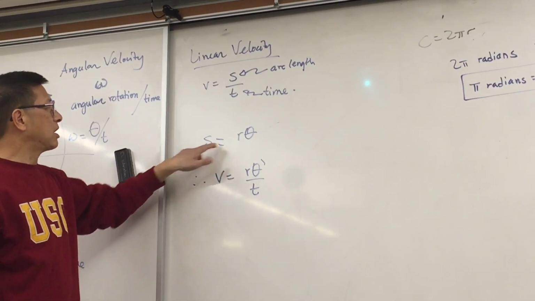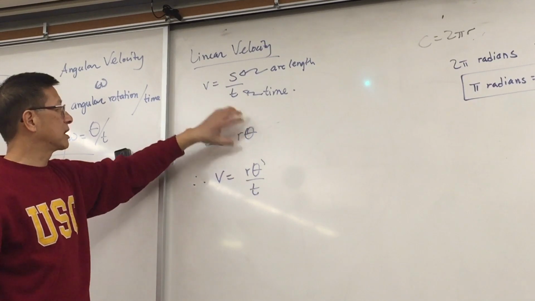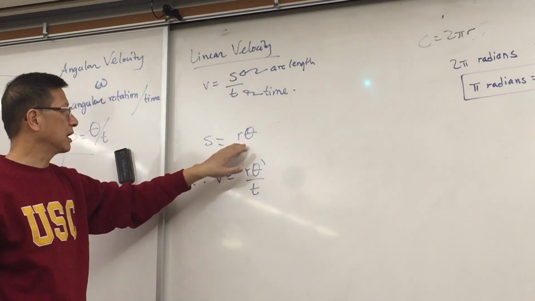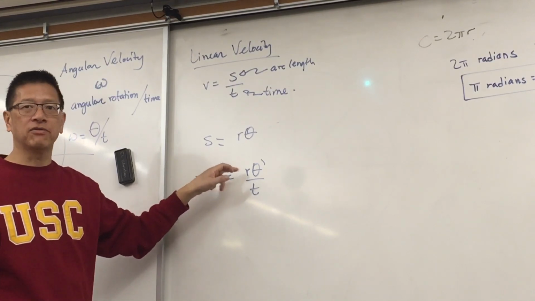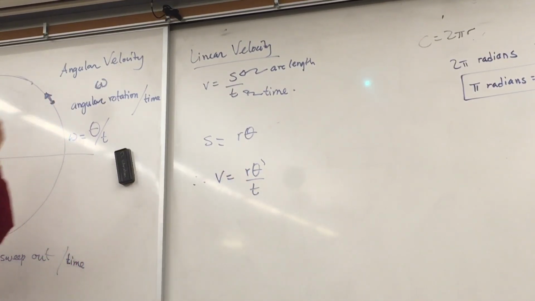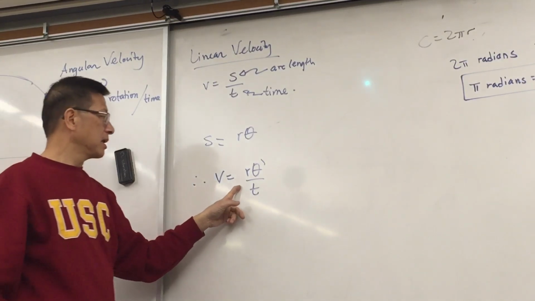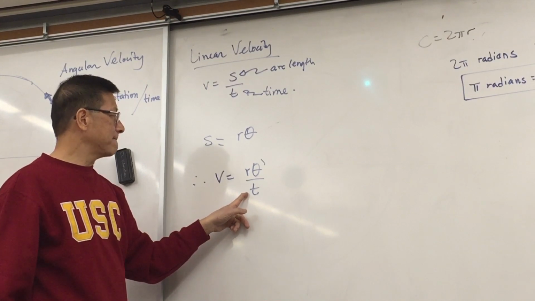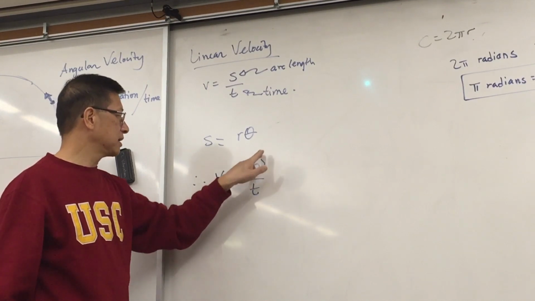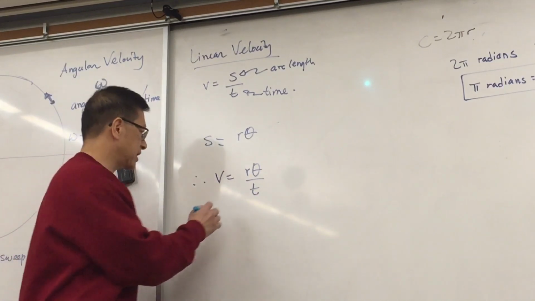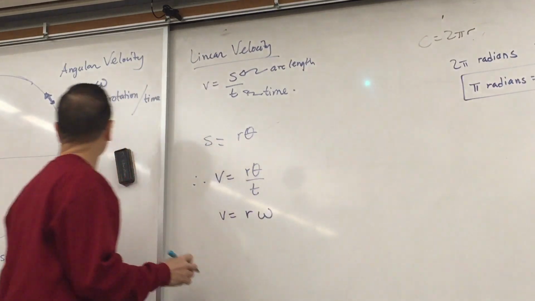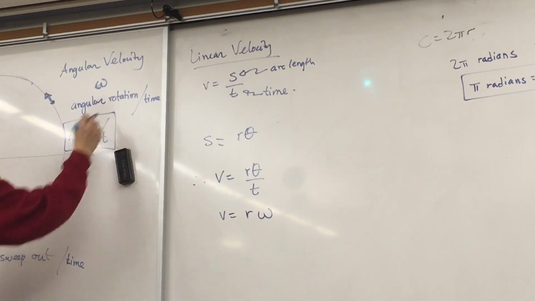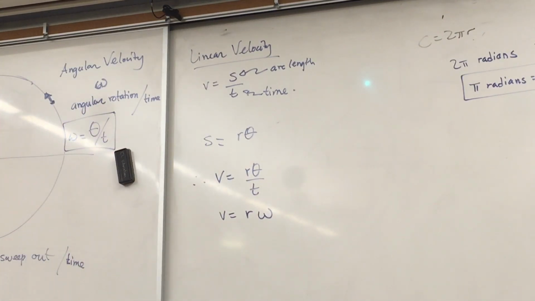So the arc length is r theta, so I can sub that into here. The linear velocity does depend directly on the radius. If I have a bigger, longer radius, then I'm going faster. And then this is theta over t, so I can also rewrite this as r omega, because omega is theta over t.